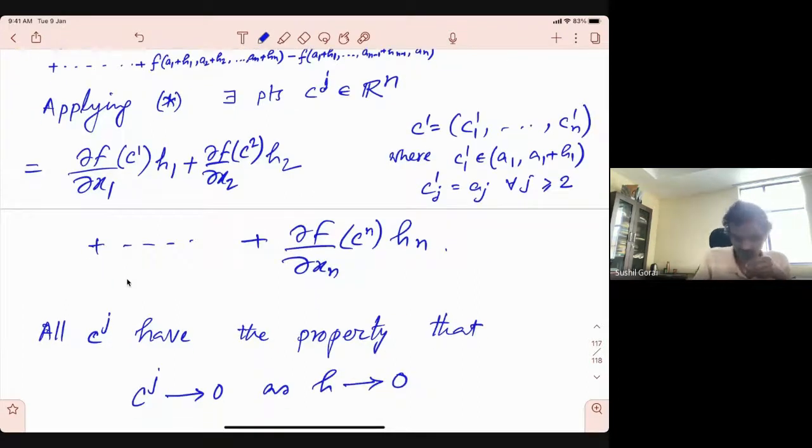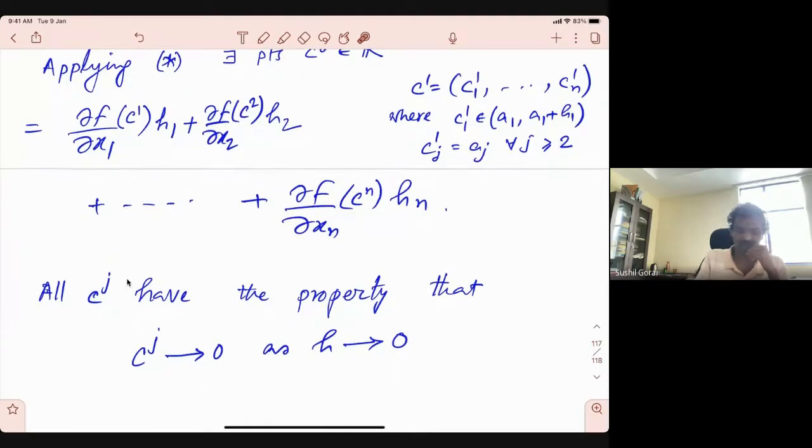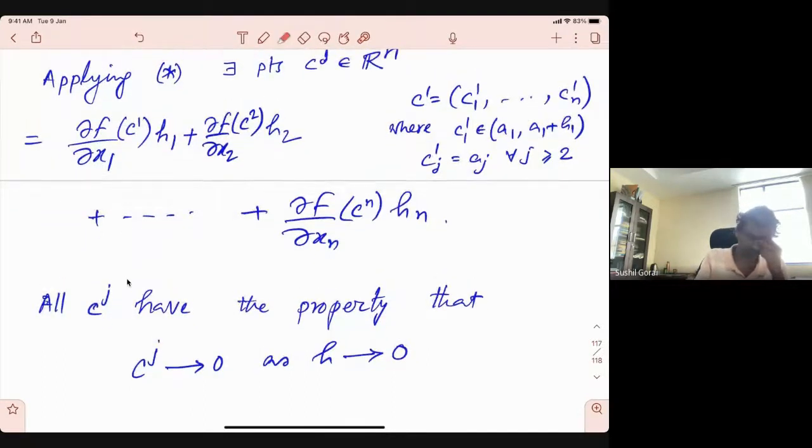See, here C11 lies in between this interval. When h1 goes to 0, this C11 is going to a1. All the Cj will go to a as h tends to 0. Is it clear?